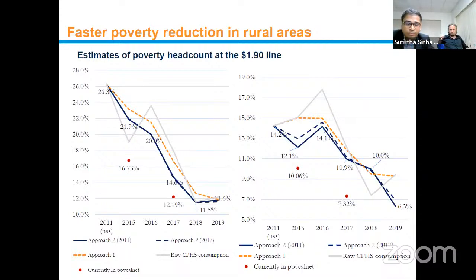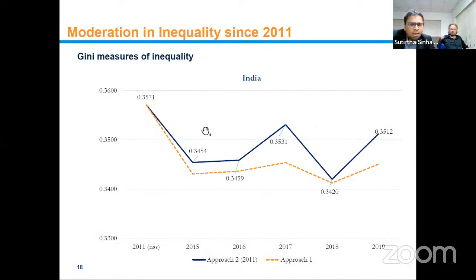Just to put it in more stark terms, there is this period in urban where poverty actually increased by about 2 percentage points, which coincides with the year of demonetization. And then this year in rural areas where in 2019, we observe a slowdown in the economy. So just keep those two periods in mind.